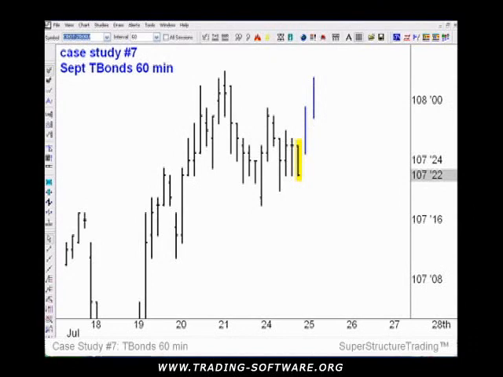Now right here, if this was to happen, you'll be looking at several things. You'll be asking yourself, how deep is that retracement against this move? Is it deep? And also, how deep is this retracement against this move?